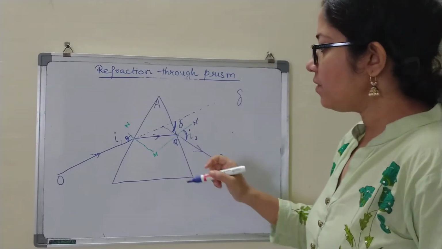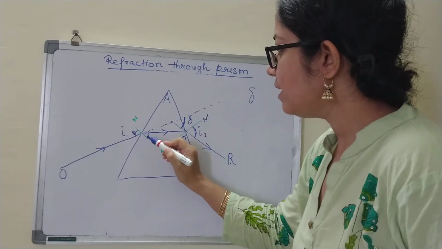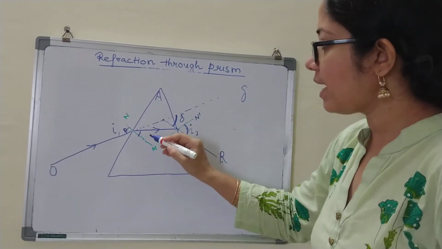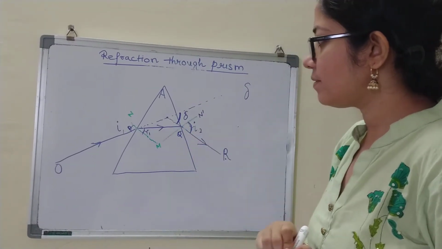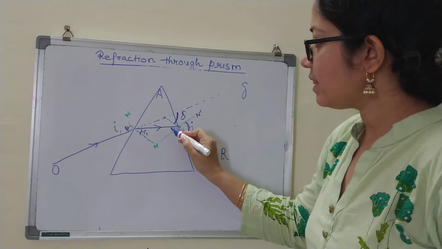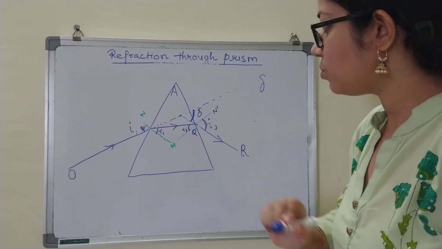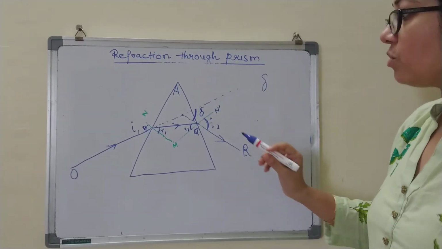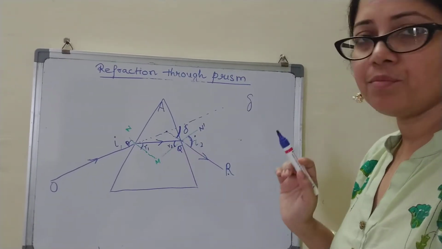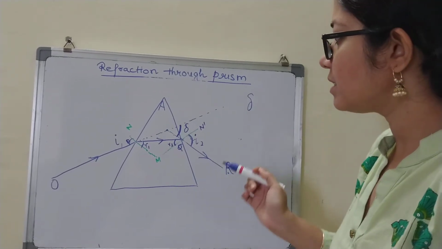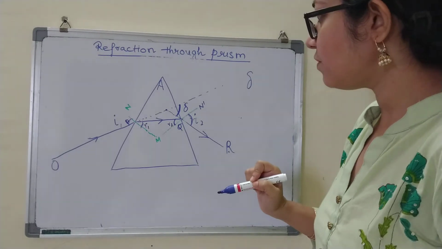Now here, what will this angle be? This is my angle of refraction, so I name it as R1. And this is again R2. So these are the few things that we will keep in mind before we start the mathematical derivation to find the angle of deviation.